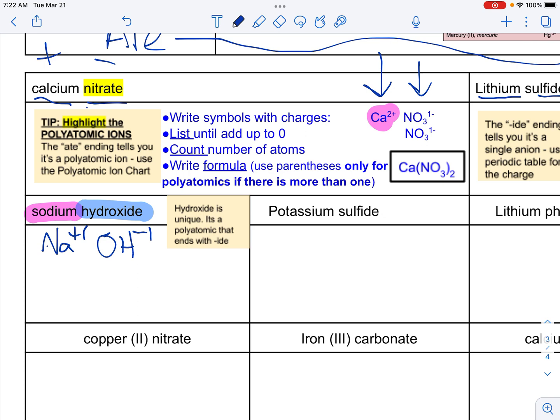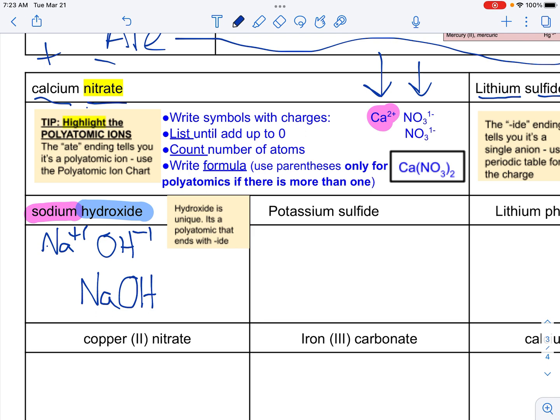Now I ask myself, do they add up to 0? And +1 and -1, yes, they do. So that means that it is a 1-to-1 ratio, and that means I don't use any subscripts, NaOH, and I write them close together to show they're bonded. And with this polyatomic, I do not need a parenthesis, because there's only one of them.